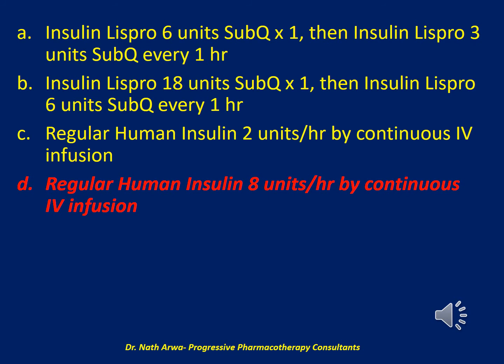After it falls below 200 mg per deciliter in patients like this one with diabetic ketoacidosis, the insulin infusion rate can be decreased to 0.02 to 0.05 units per kilogram per hour, which amounts to 2 units per hour, which is approximately 0.03 units per kilogram per hour for this 60 kg patient. Critically ill patients with diabetic ketoacidosis and hypotension like this patient should be treated initially with IV regular human insulin, not subcutaneous insulin. Please progress to the next question.